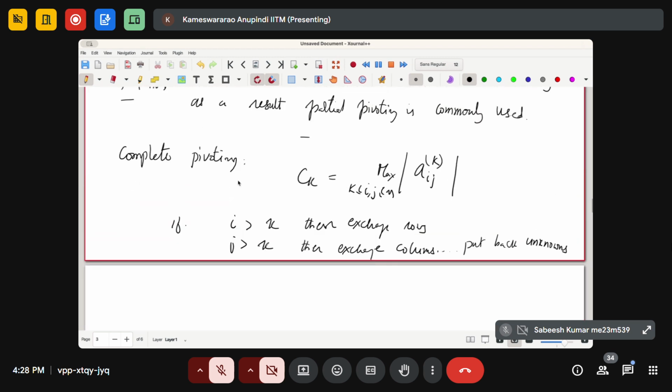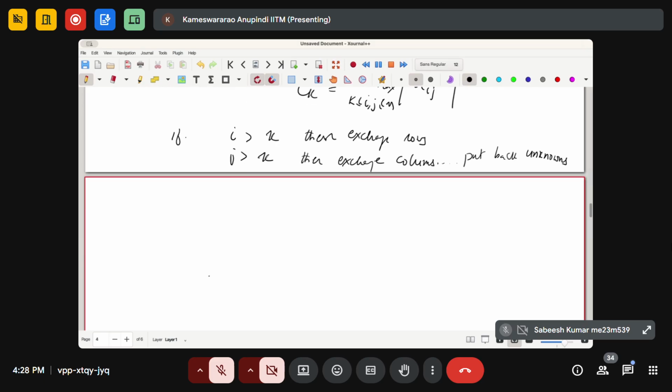See, for example, as I said before, we want a_kk at step k not equal to 0. Sometimes a_kk is almost equal to 0. Let us say it is only non-zero because of round-off error, so it could be 1 into 10 power minus 5 or minus 10 or something like that. In which case we said you have to exchange the ith row with the kth row.